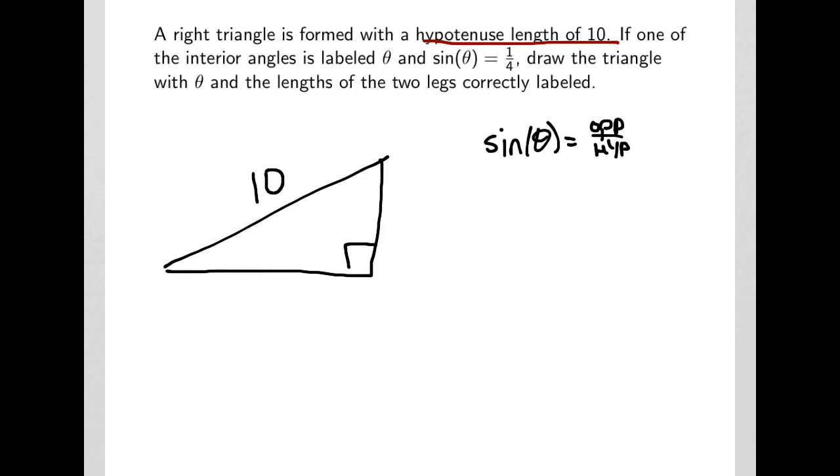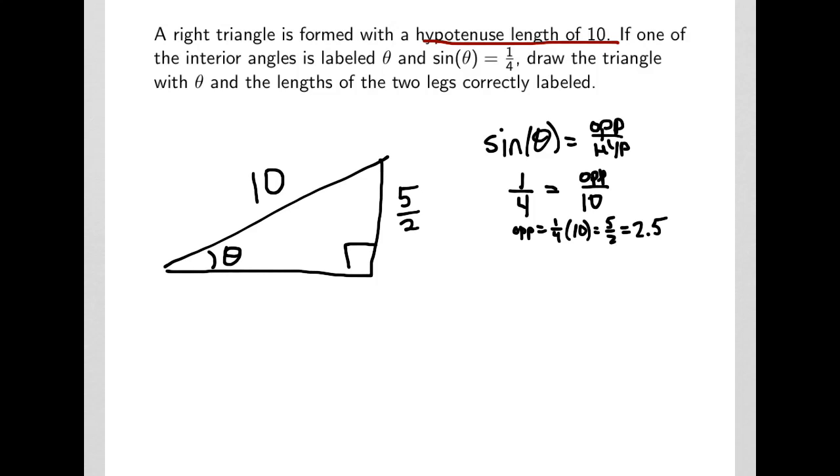So based on my triangle, I will want to put theta here, and 1/4 is equal to the opposite over the hypotenuse, and so my opposite length is 1/4 of 10, which is 5/2, or in decimal, that is 2.5. So this opposite side is 5/2.